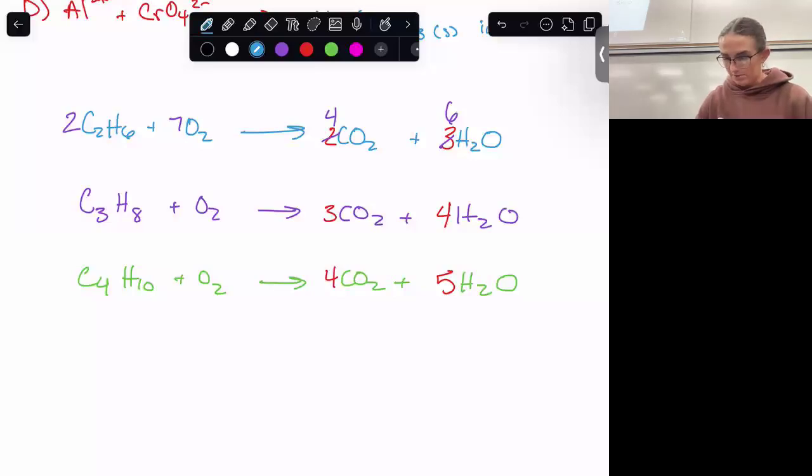So this turns into 2, 8, 10. So that's an even number of carbons, and then an odd number when you divide by 2 for the hydrogens. And that's for combustion reactions.